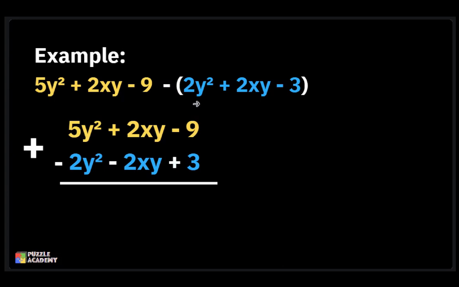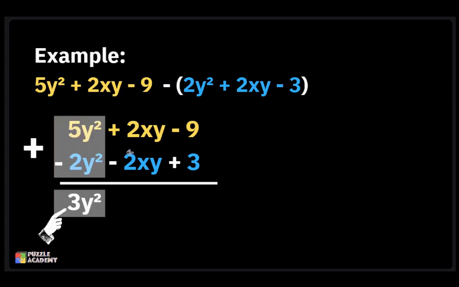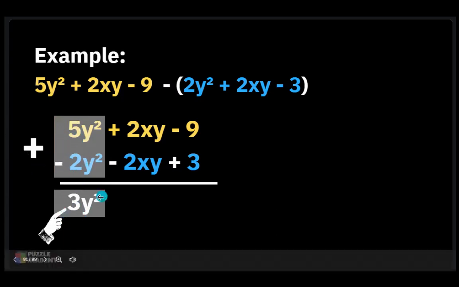That was our first topic bago tayo nag-proceed dito sa topic na to. So, 5y squared plus negative 2y squared. That is positive 3y squared. Mas malaki si 5, no? Kaysa kay negative 2. So, that is 3y squared. Okay?